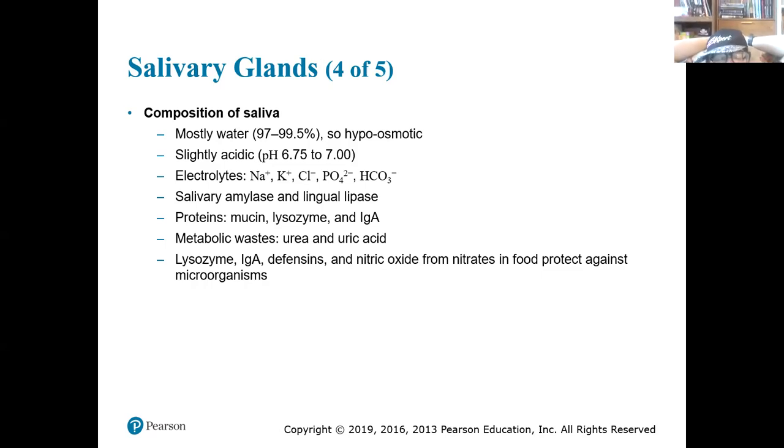It's an antibiotic. Also, immunoglobulin A. We're talking antibodies that look for things that don't belong. Metabolic waste, urea and uric acid, it's just a method of getting rid of them.